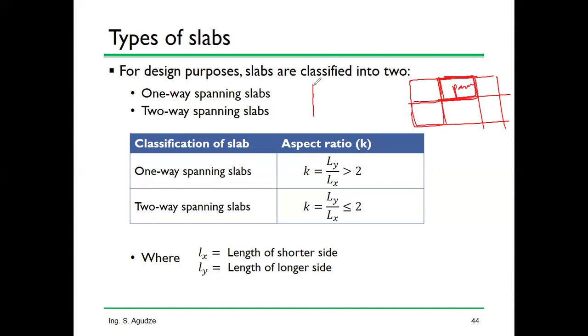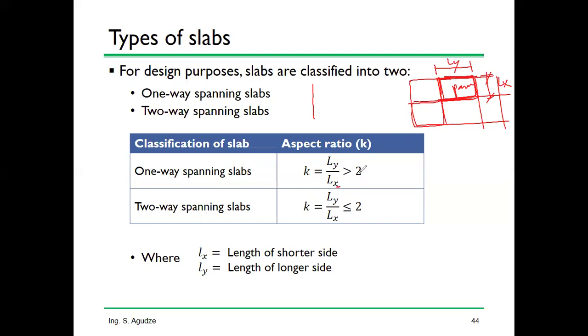So if I have a slab panel like this, the longer side is called LY and the shorter side is called LX. You can't change it. The short is always LX and the long is LY. Now, the aspect ratio is that you take the longer side, divide by the shorter side.